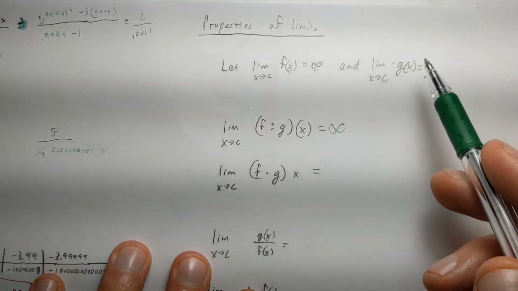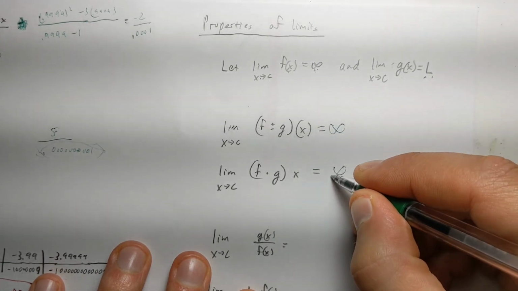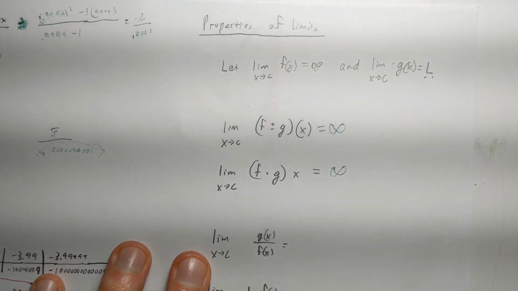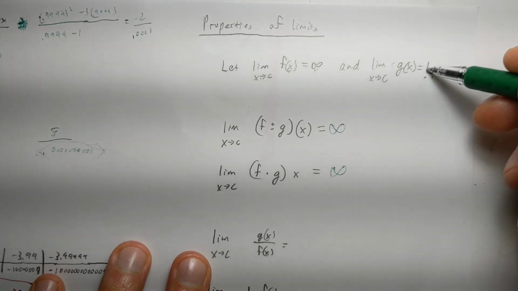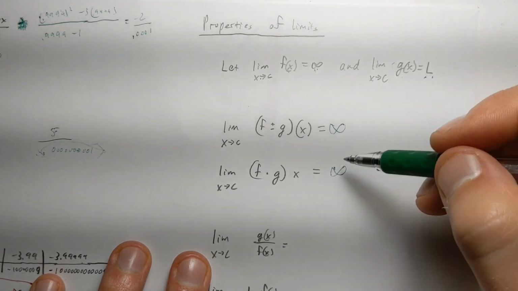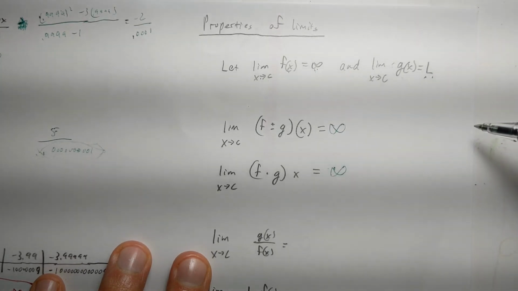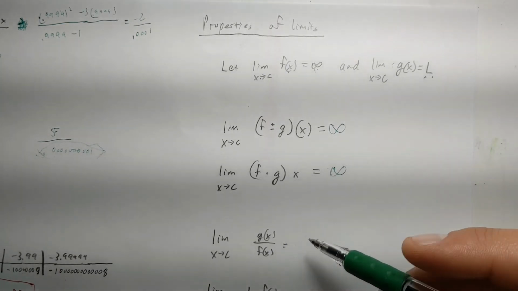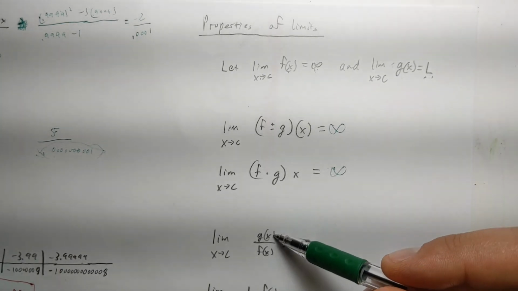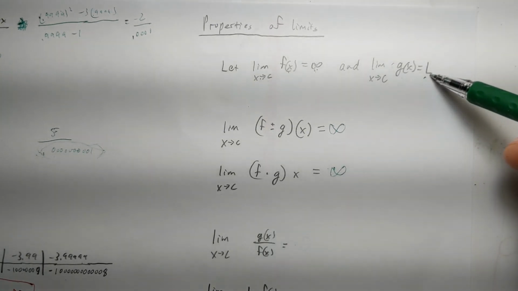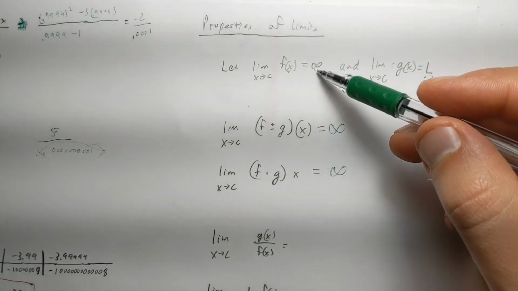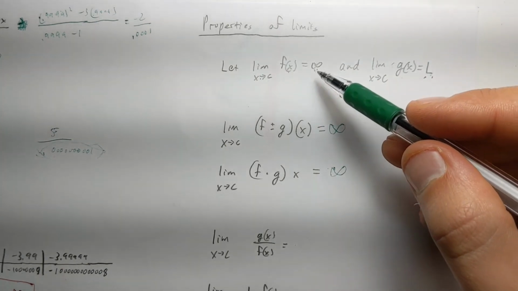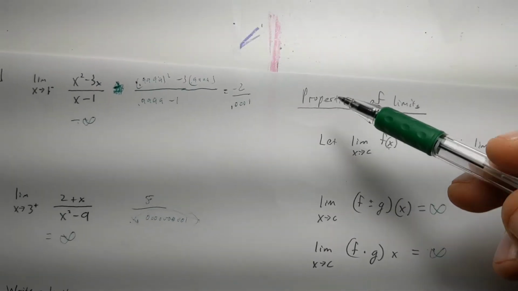Well, if you're taking infinity times the limit, it's essentially just going to be infinity. Now, if this limit were negative, then yes, this is going to end up being negative infinity. Over here, if you've got some limit, the limit would be L for this function, but if the numerator is going to some number, but the bottom is going towards infinity, well, that's kind of what we saw over here, isn't it?